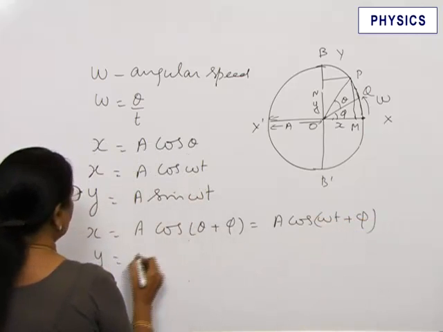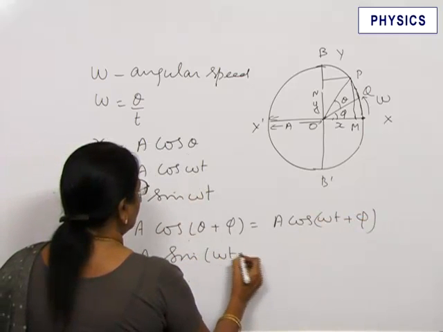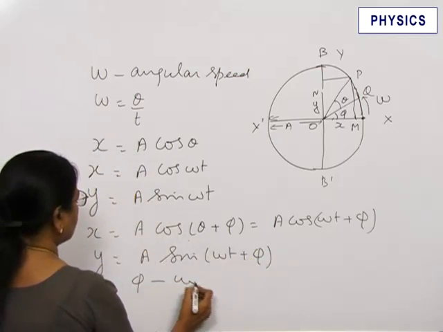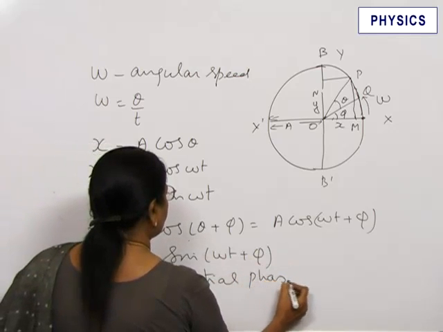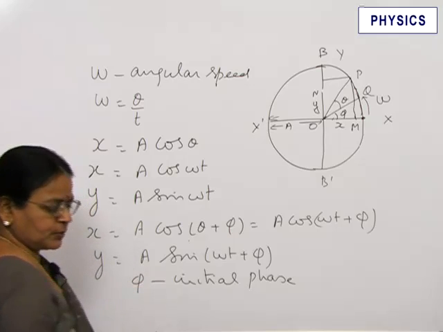Similarly, y will become A sin(omega t plus phi). Then phi is known as the initial phase. So, this is the general equation for the displacement.